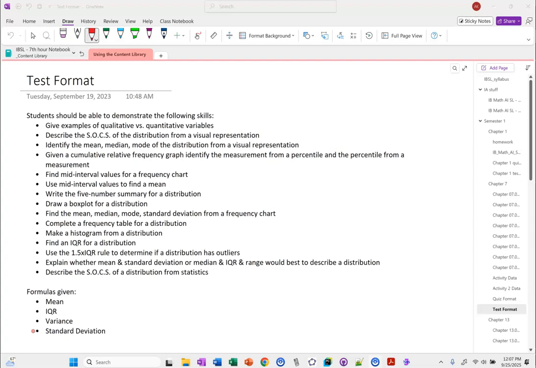5-number summary for a distribution. What's the easiest way to do that? Yeah, 1 variable stats in the calculator. It spits them all out for you. Draw a box plot for the distribution. What are the lines on the rectangle? Q1, Q2, and Q3 from left to right.